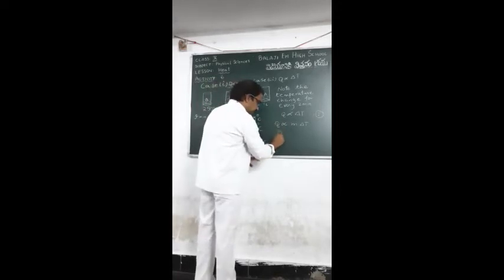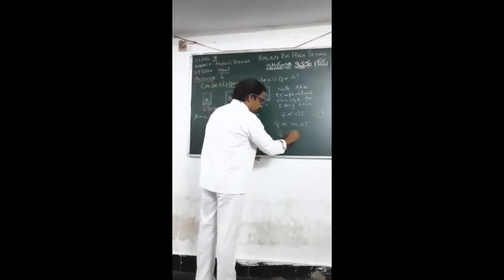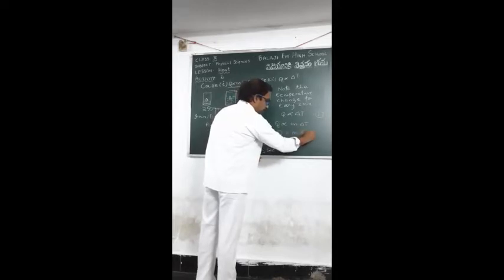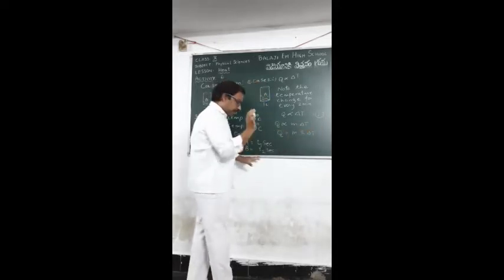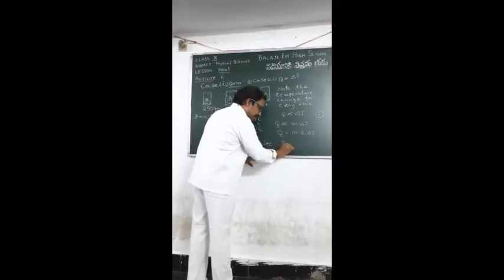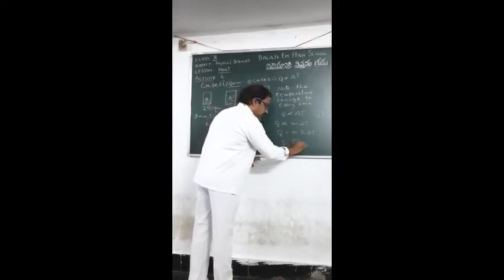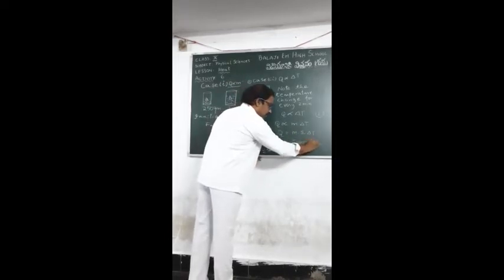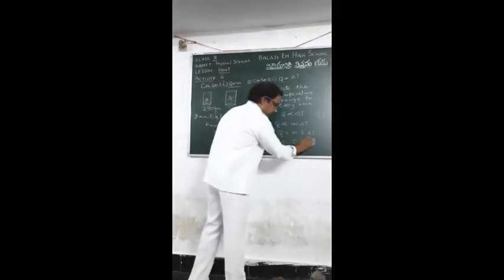That means Q is equal to m into small s into delta T, where small s is specific heat.